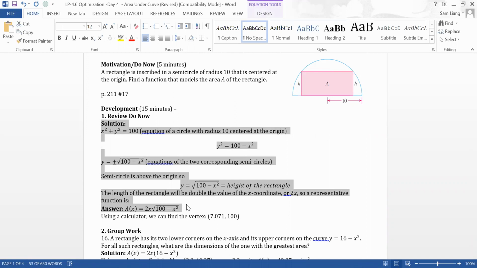So when I first looked at this, essentially h times 2 times 10 minus h was the length of the rectangle. Eventually the function I ended up with was f of x equals 2h squared plus 20h.